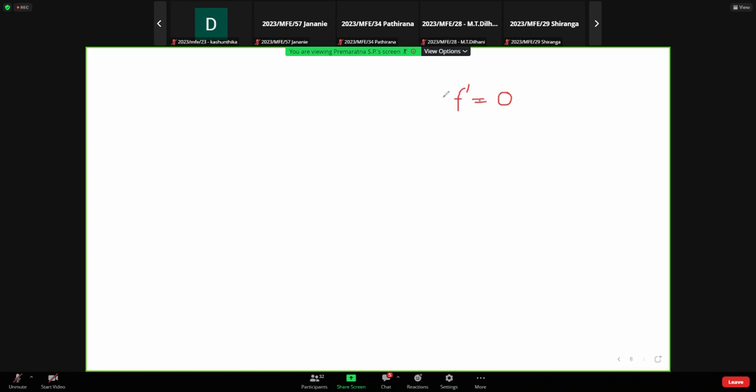So how do you understand whether the equation has convexity and concavity? If you take the second differentiation, in the case of convex, the value is positive.